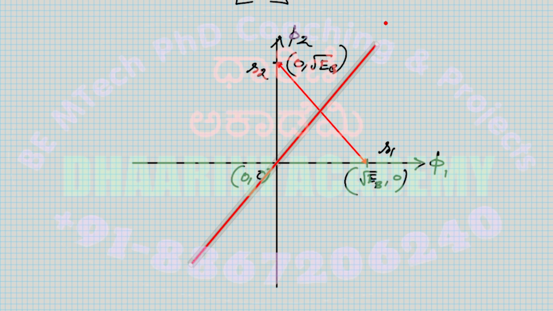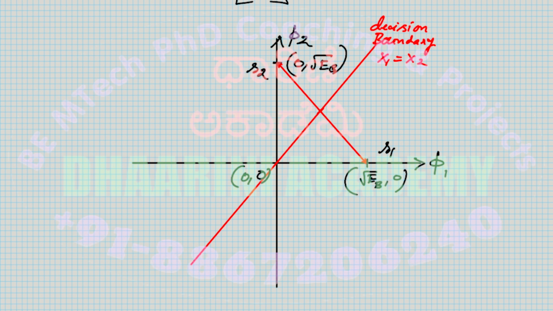Let's call this the decision boundary. So what is this line? It's going to make 45 degrees with this because it's bisecting the first quadrant, right? So that is denoted by x1 is equal to x2.